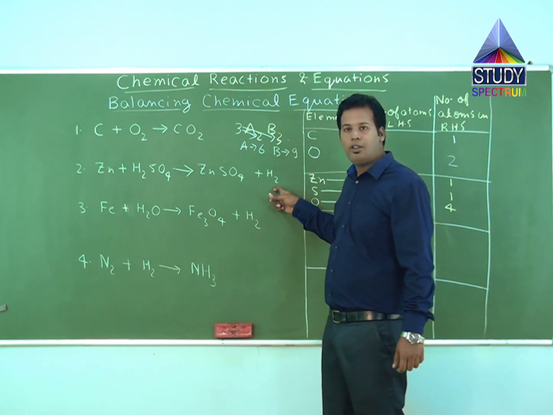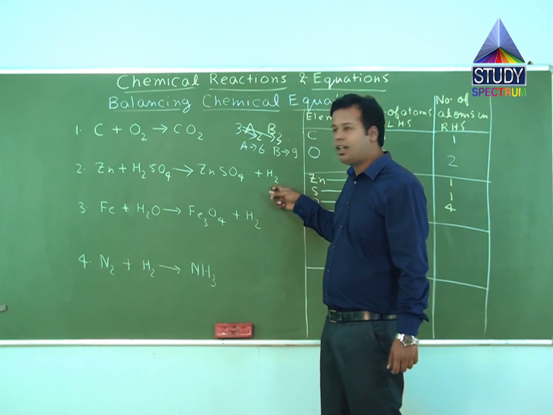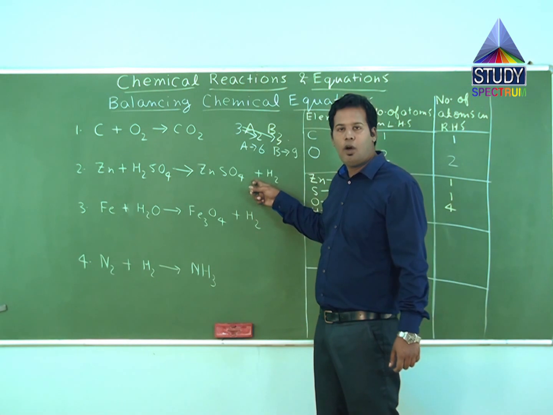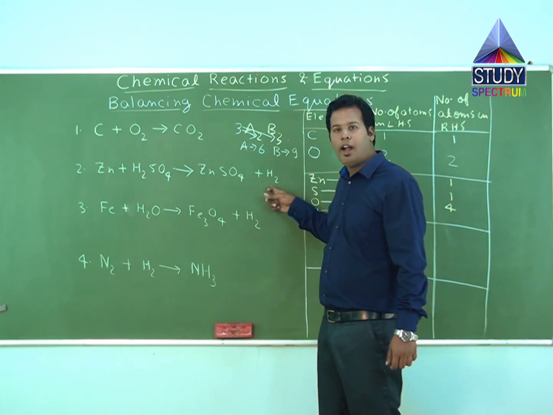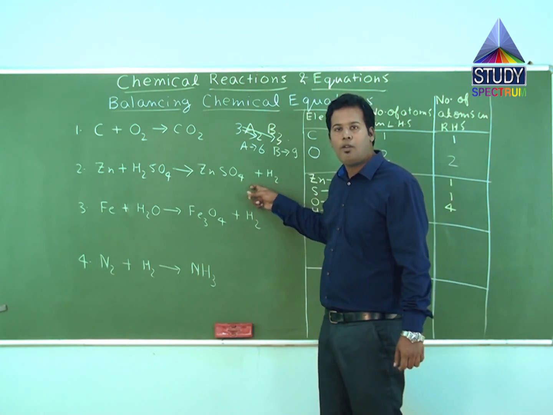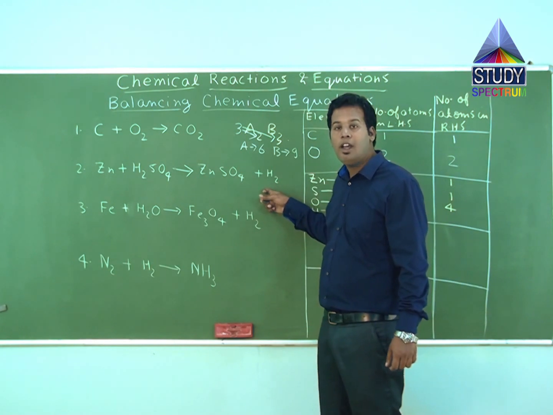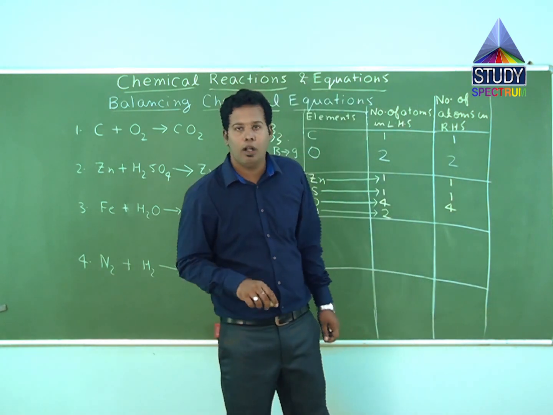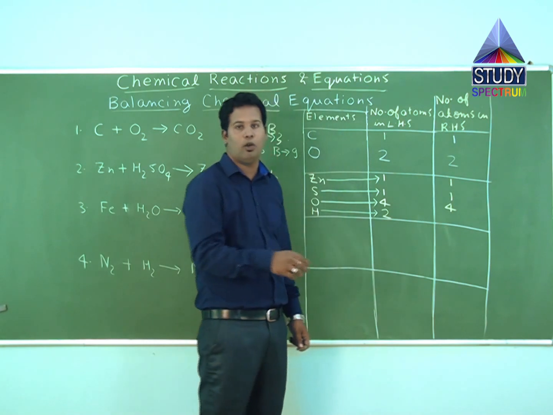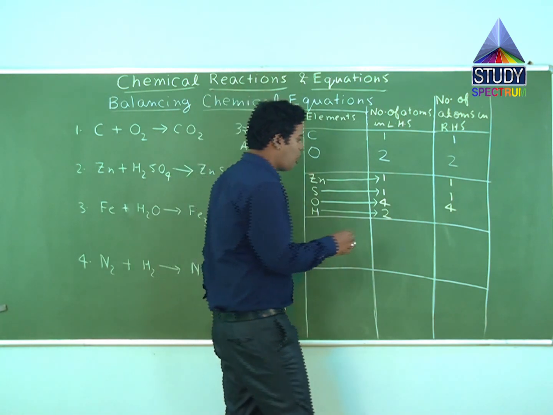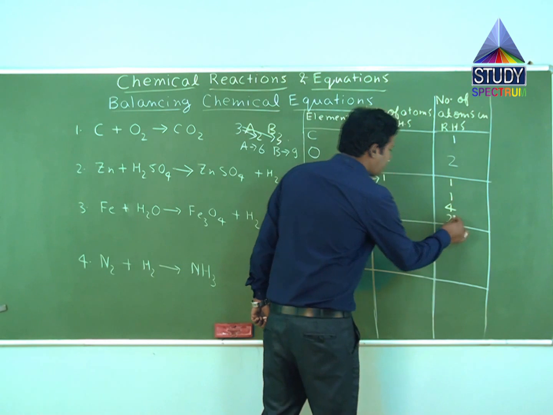The suffix of hydrogen in this molecule you can see is written as 2. So coefficient of molecule is 1, suffix of hydrogen in this molecule is 2. So number of atoms of hydrogen in this molecule will be 1 into 2, that is coefficient of molecule into suffix of hydrogen in that molecule, 1 into 2. That will come out to be 2 itself.